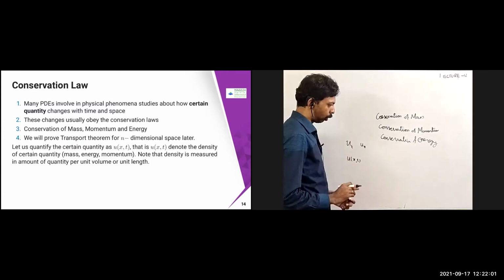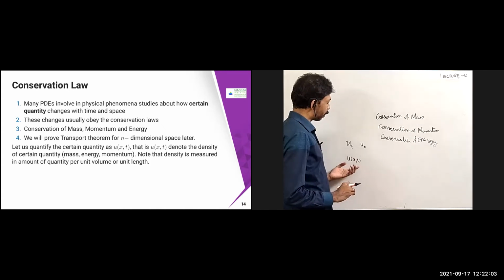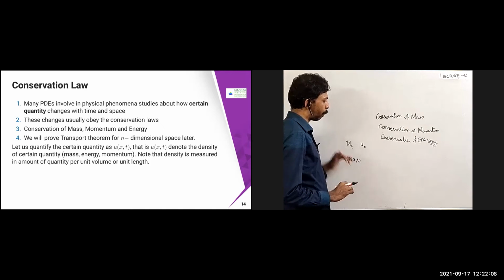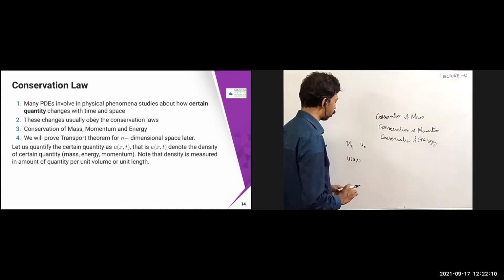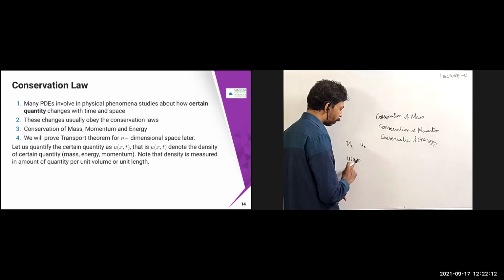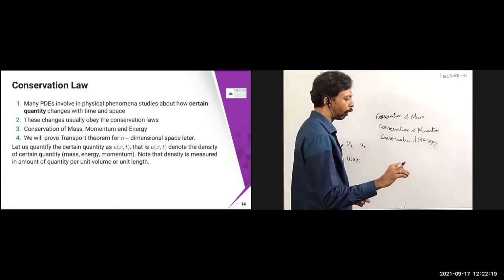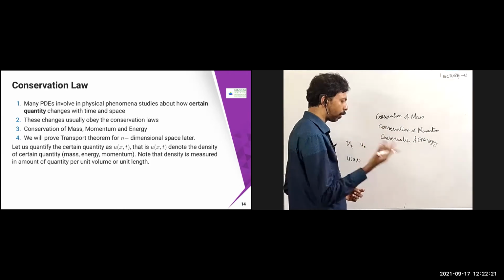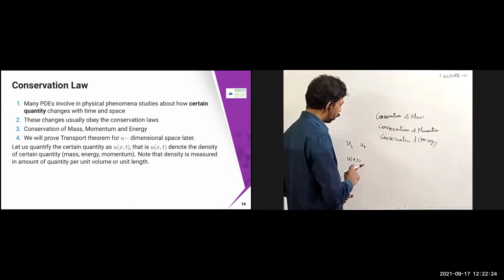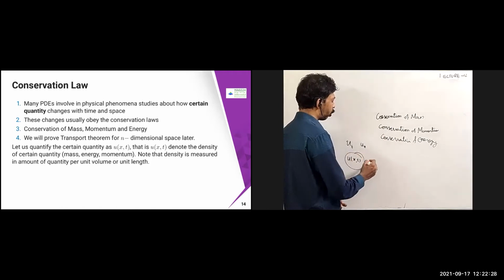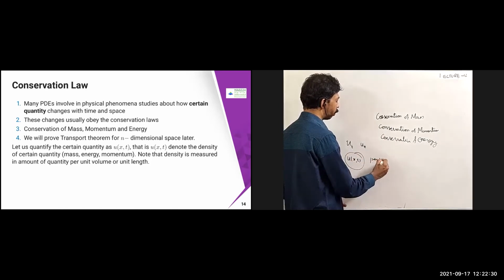The density is measured in amount of quantity per unit volume. If it is 2-dimensional, I can measure per unit area, but if it is 3-dimensional, per unit volume. Similarly for higher dimensions I will say volume only. If it is 1-dimensional, I can measure it per unit length. I'm just going to denote per unit volume or per unit length.